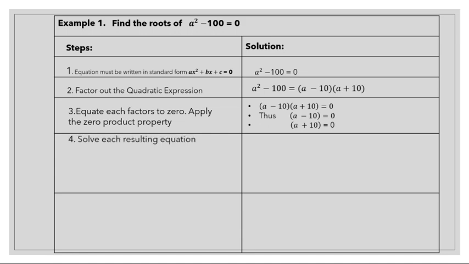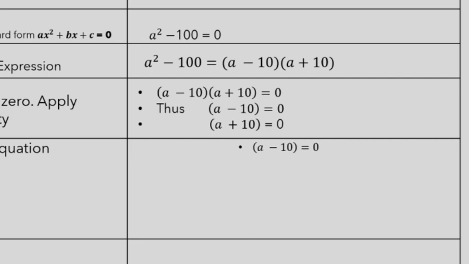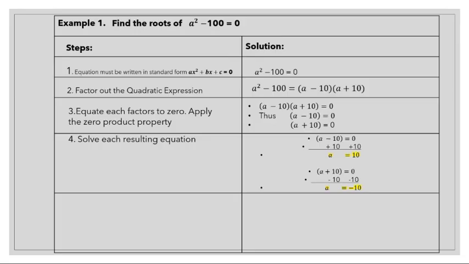Step 4. Solve each resulting equation. A minus 10 is equal to 0. Add both sides by 10. Then, a is equal to positive 10. Next, a plus 10 is equal to 0. Add both sides by negative 10, then a is equal to negative 10.